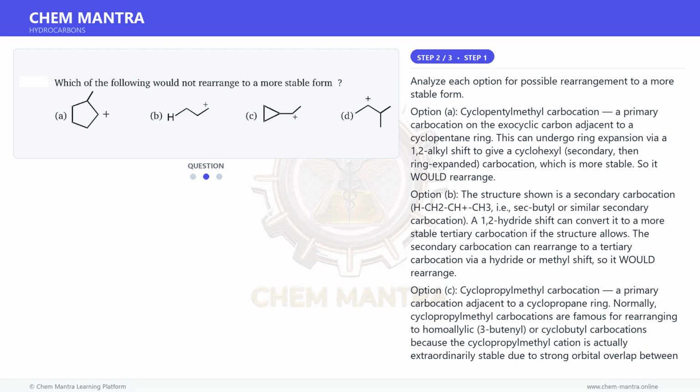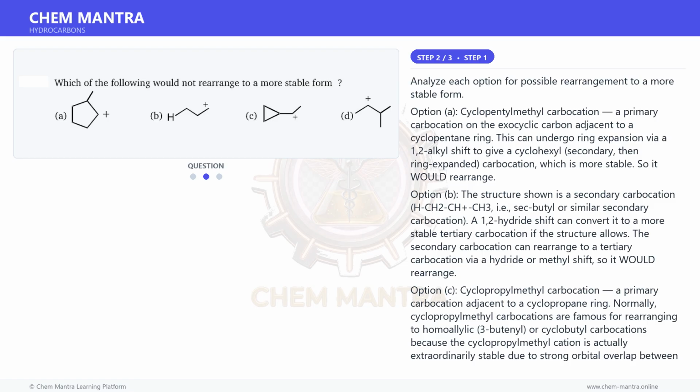Option D. The structure shown is a tertiary carbocation, branched, with a plus on a carbon bearing 3 carbon substituents. However, if it is already tertiary, one might think it's stable, but the specific structure shown appears to be a neopentyl type or 2-methyl-2-butyl arrangement. Actually, looking at the image, it is a tertiary carbocation.